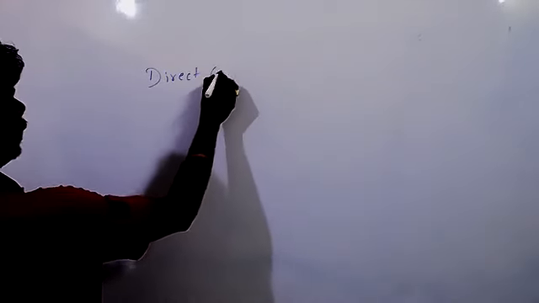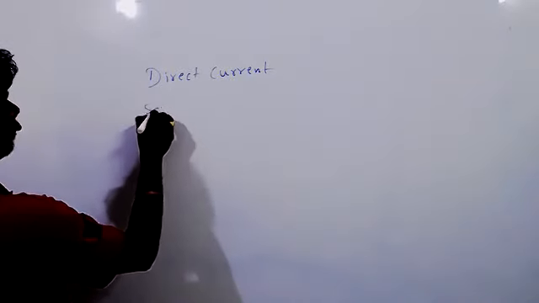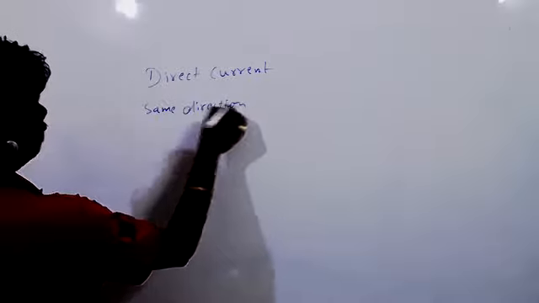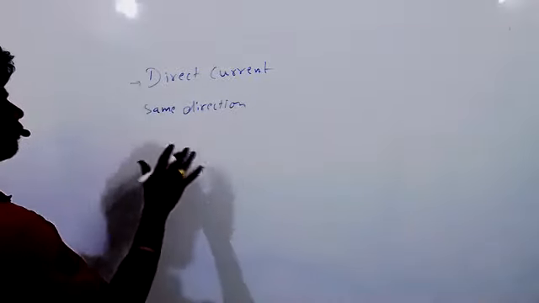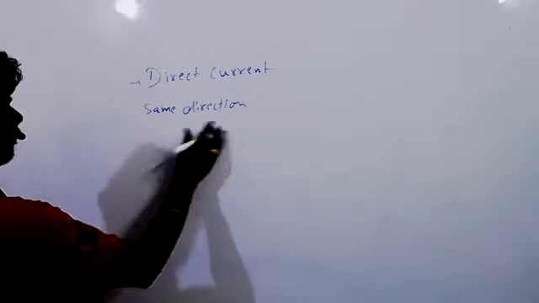Do you know what is direct current and alternating current? Direct current: same direction, and the magnitude may or may not be constant, but the direction is the same.